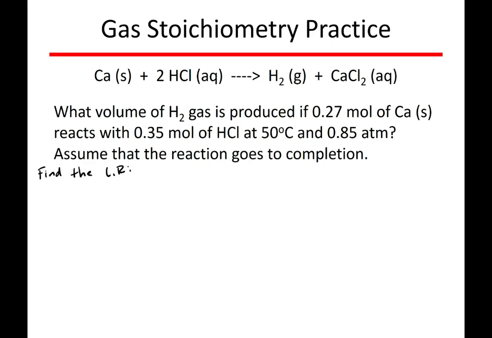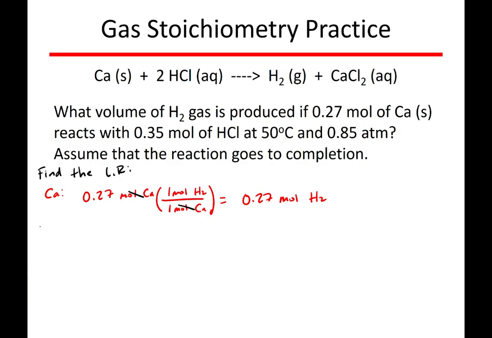To do that, we're going to convert the moles of each reactant into moles of product, and whichever one makes the least product, that's limiting. So for the calcium, we have 0.27 moles of that. And the mole ratio tells me that I make 1 mole of H2 for every 1 mole of calcium. And so if you use up all of the calcium, then you would make 0.27 moles of H2.